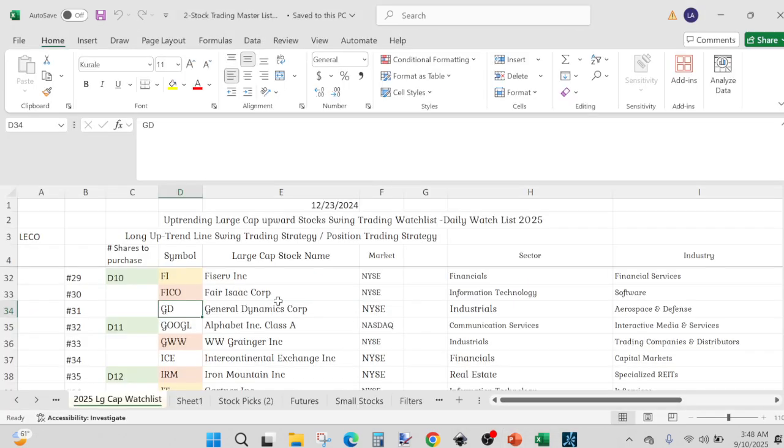And from that point, to make $2, you just double the number of shares you purchase. If you purchase one share, you make $1. You purchase 2 shares, you'll make $2, type of thing.